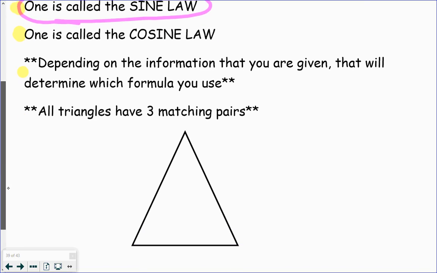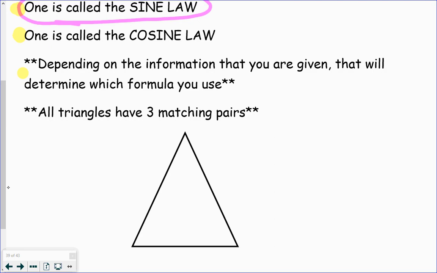So here's the key to this. All triangles have three matching pairs. I'll use symbols. Symbol number one, I'll use a happy face. If this corner is a happy face, its matching side is the one across from it. That is one matching pair. Another matching pair, let's use a star.